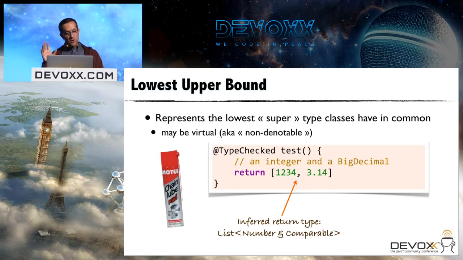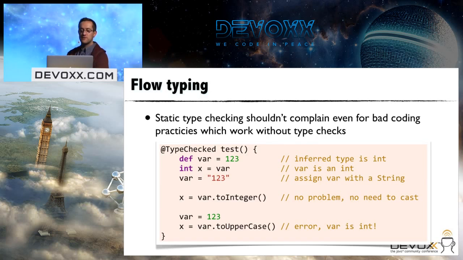So with some more lube, everything is smoother, obviously. Another aspect of type inference is what we call flow typing, because we look at the flow of execution. For example, here we have a variable in which we put an int, and then we put a string inside that variable. When we call toInteger, because we know it's a string, we can call the toInteger method from the Groovy development kit.